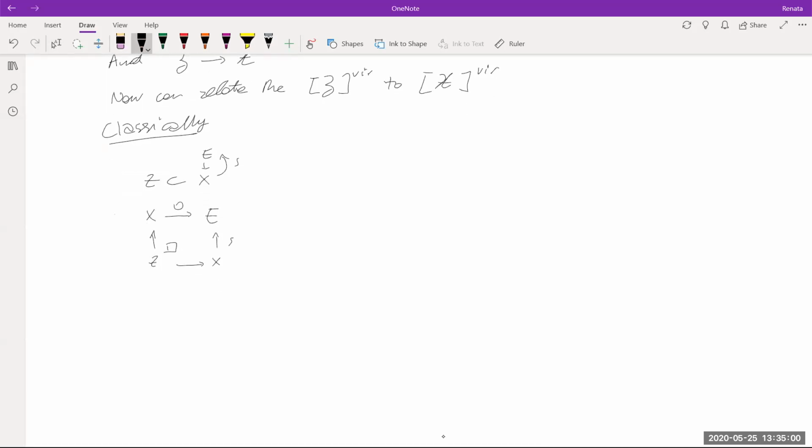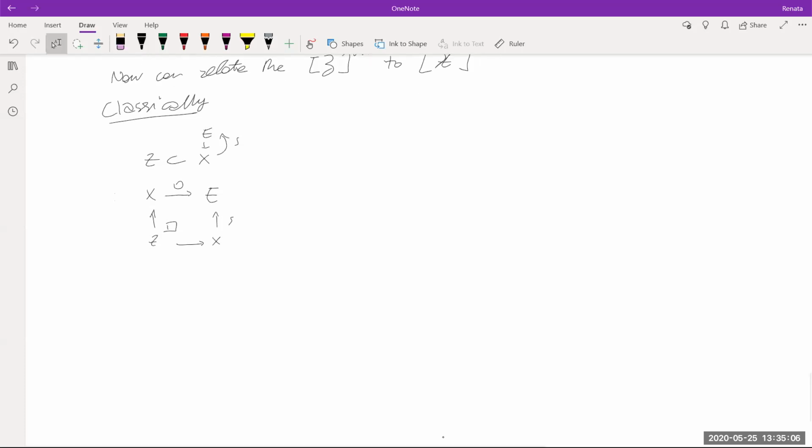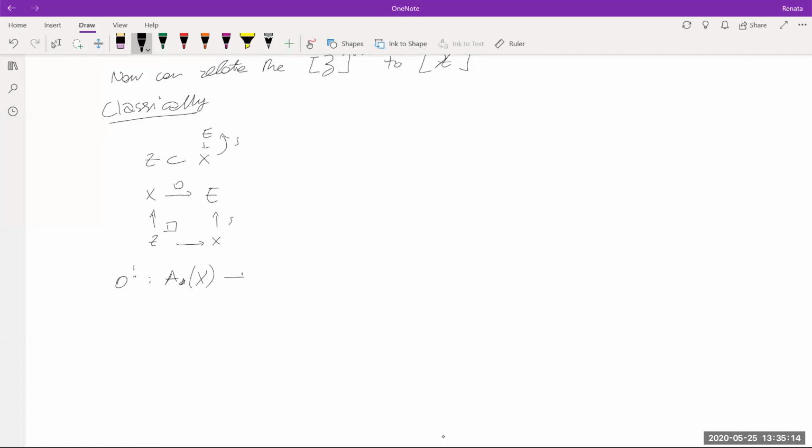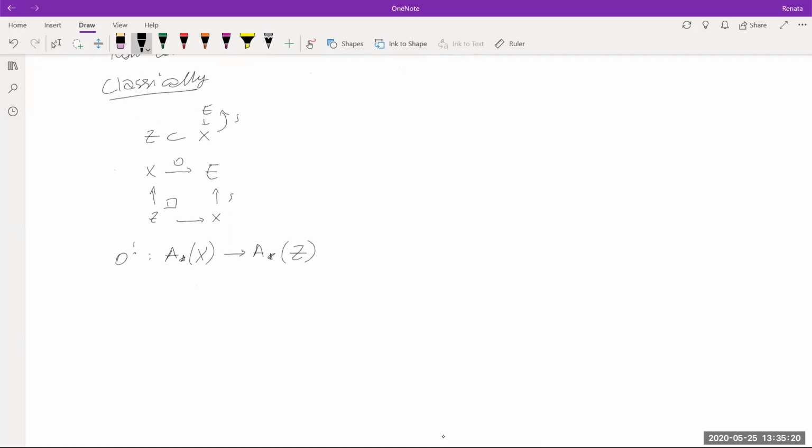Z can be included in X, and X in the vector bundle E, both by the zero section and the section s. This gives a refined Gysin pullback from cycles on X to cycles on Z. And the class of Z is just the Gysin pullback of the class of X, which in particular implies, by the self-intersection formula, that the pushforward of the class of Z is the class of X intersected with the top Chern class of E.